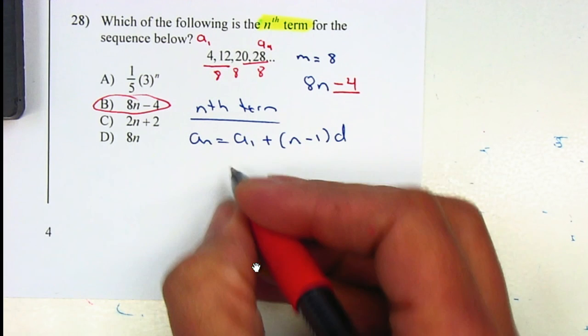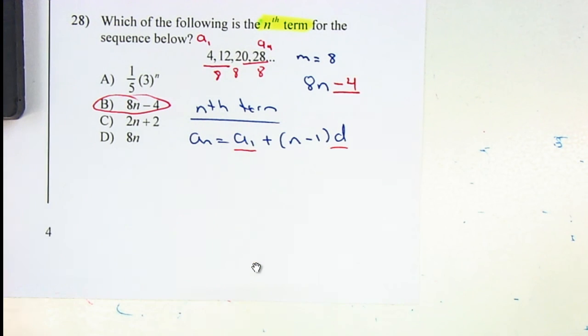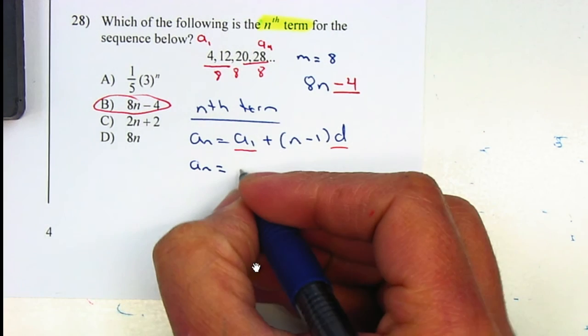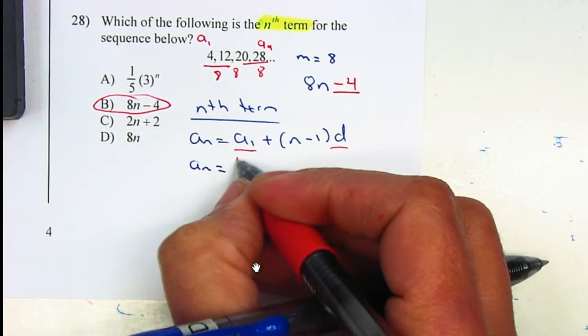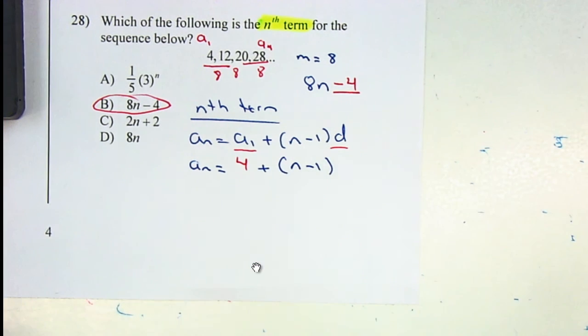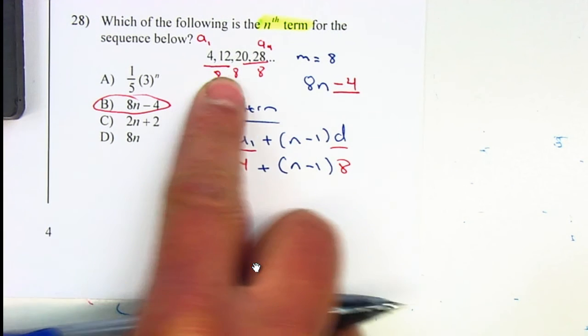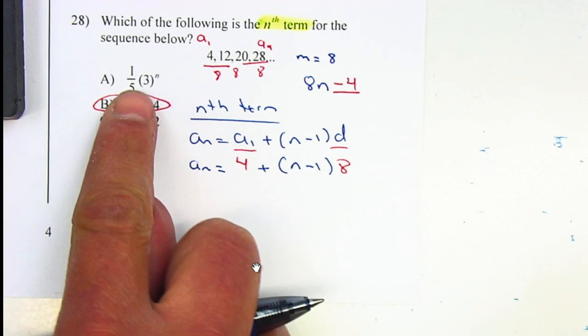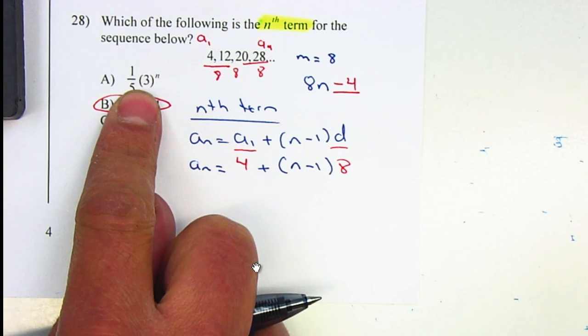So in this case, I'm applying the a sub 1 and the d. A sub n is equal to a sub 1, which is the first term, that is 4, plus n minus 1 multiplied by the difference, which is 8. Now remember, you can only use this formula if it's an arithmetic sequence. If it's geometric, then you have to use the other formula and verify that this is it.